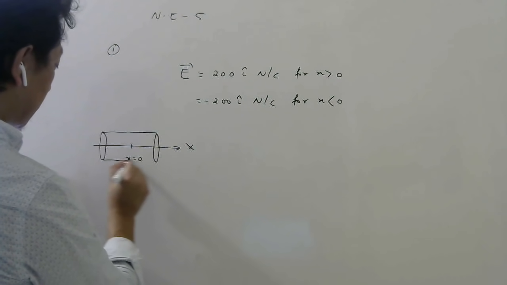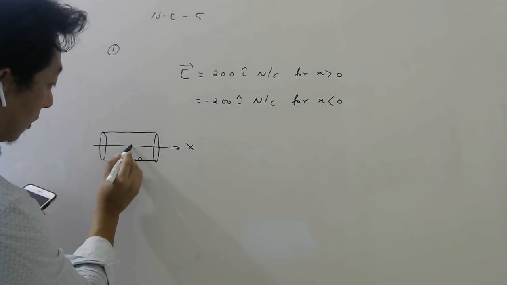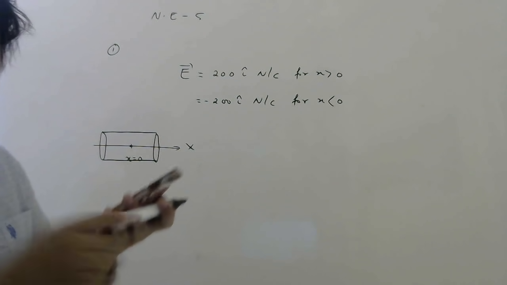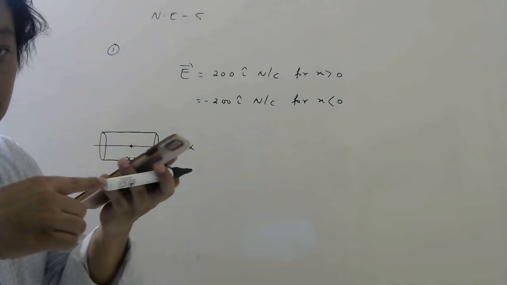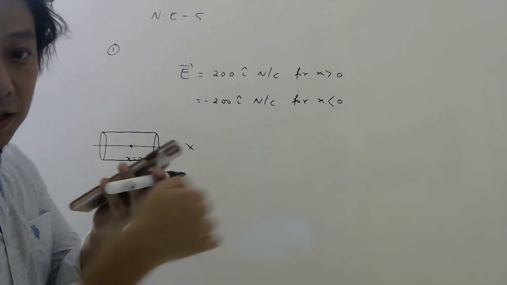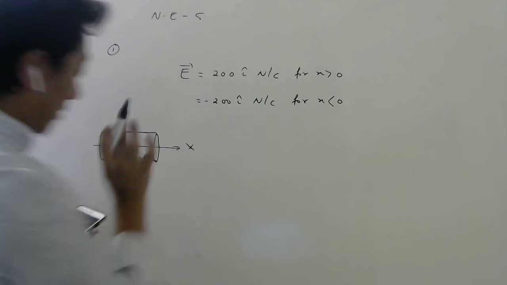The center of the cylinder is on the origin, and the axis of the cylinder means the line passing through the center and perpendicular to its area. So that is called the axis of the cylinder, and it is along the x-axis.